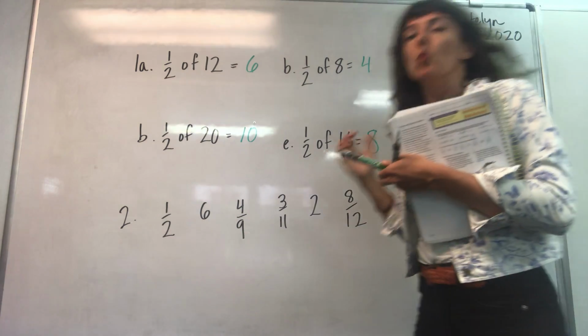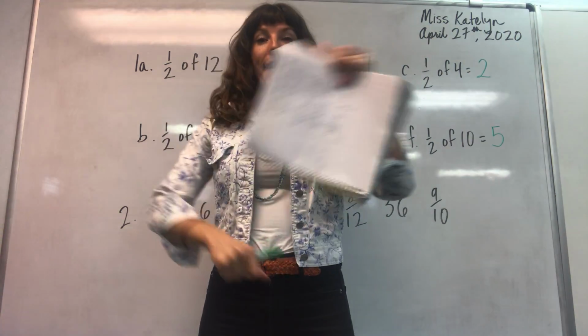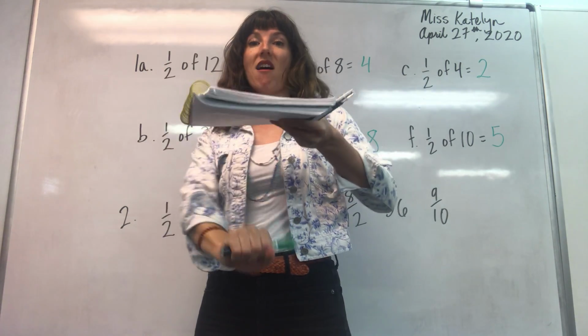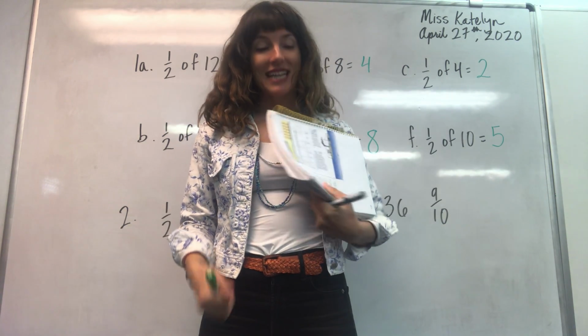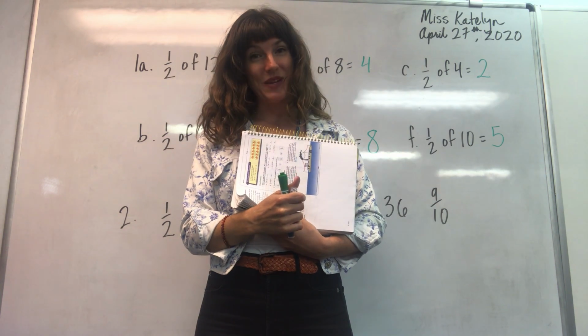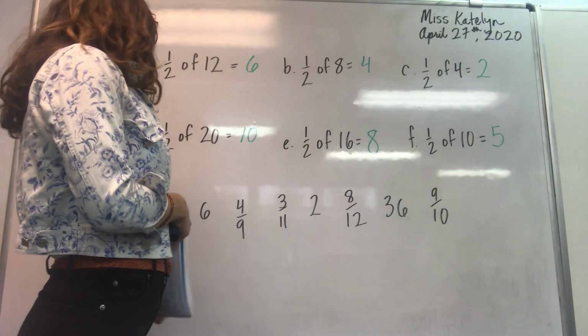So, when you want to know 1/2 of something, you are going to divide by 2. 1/2 means divide by 2. All right? The fraction bar is a division symbol. You divide the whole number by the denominator, and you get that fraction.